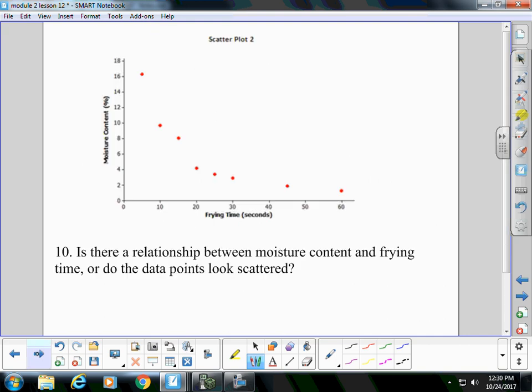Looking at the next one, is there a relationship between moisture content and frying time, or does it appear that the points are scattered? Okay, I would say yes, moisture content is on the y-axis, frying time is on the x. Yes, there is a relationship.